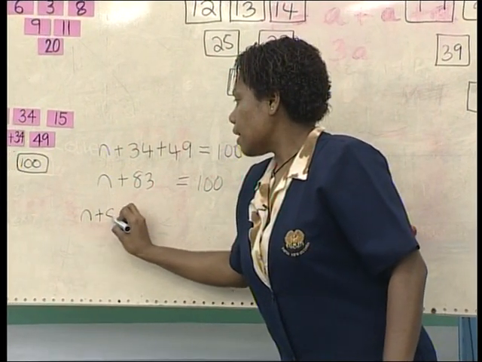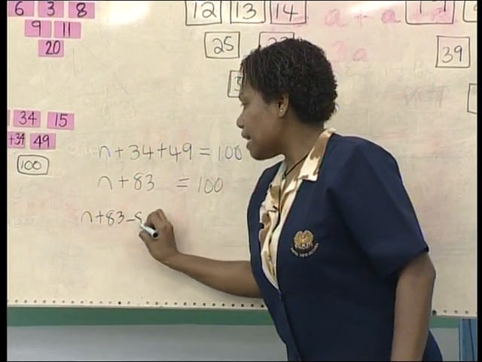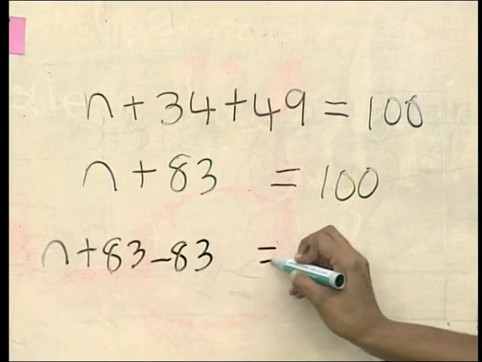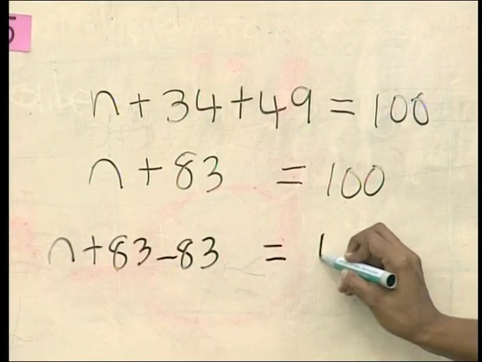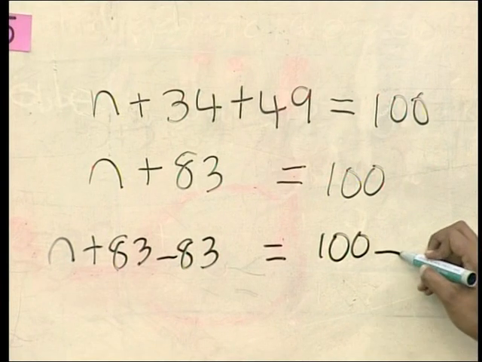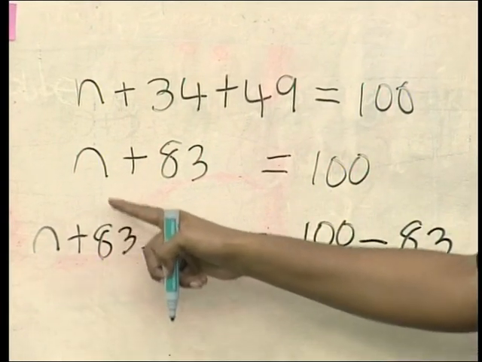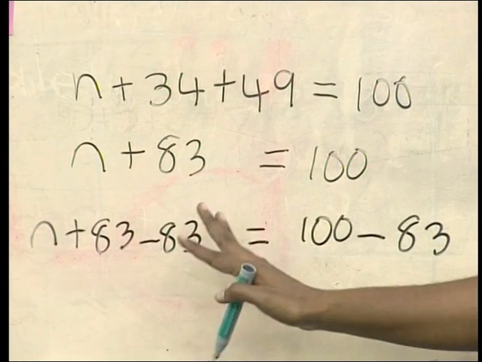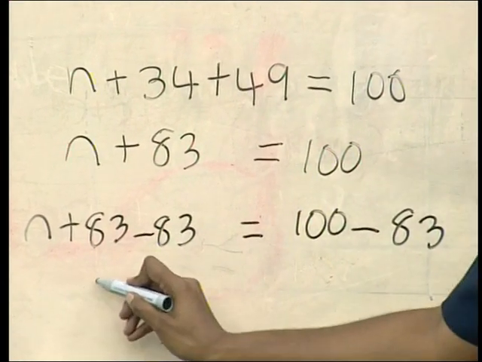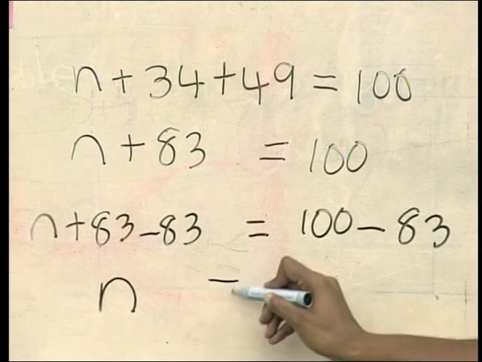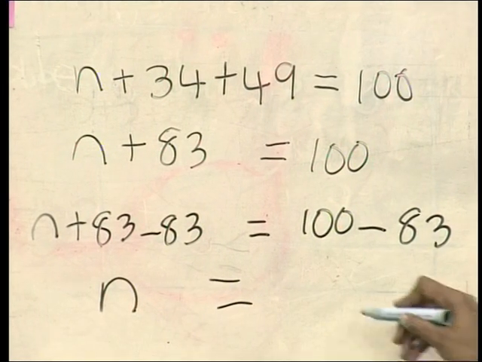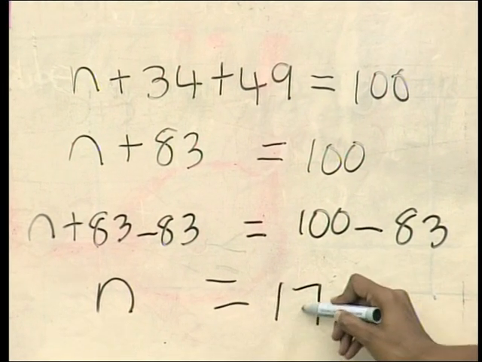N plus 83 minus 83 is equal to 100 minus 83. So why I say this? So that you cross it out and it's 0 and N is by itself. So you see N is equal to 17.